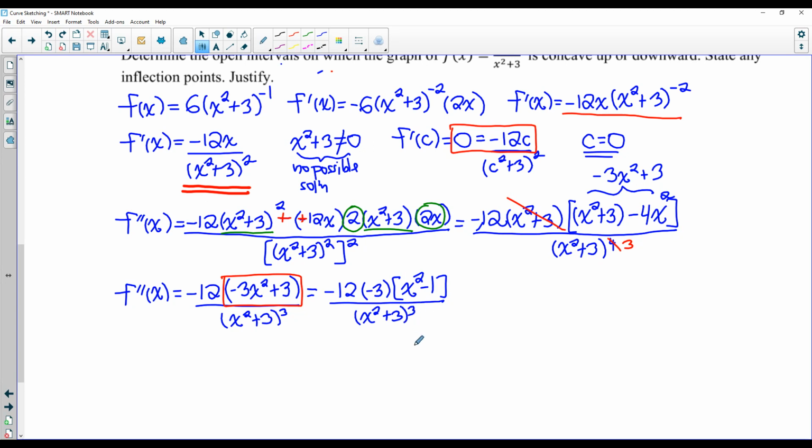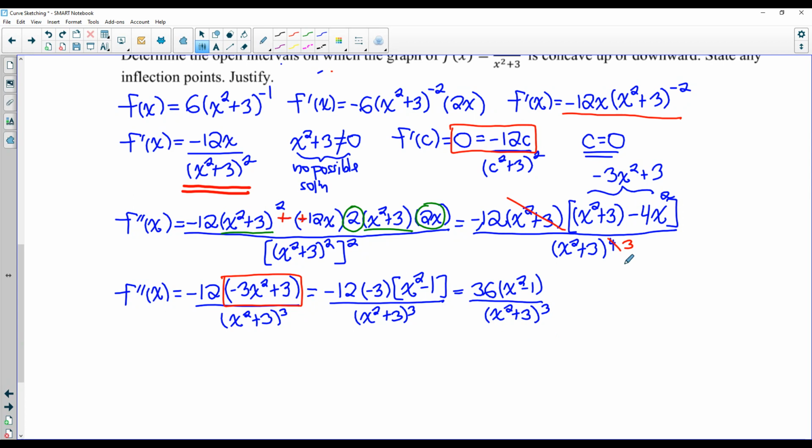And then we have what my derivative would then be. So this would then be equal to 36, and then x squared minus 1, divided by x squared plus 3, and then we're going to raise that to the power of 3.